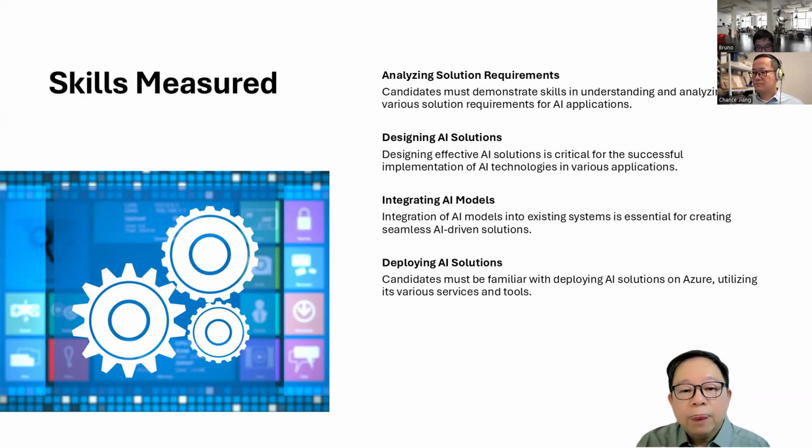By knowing the models built by Microsoft and the features, you can integrate the solution for various AI applications. You will also learn how to design AI solutions. After understanding the AI requirements, you talk to the customer, see what they need, and now you can design the AI solutions.